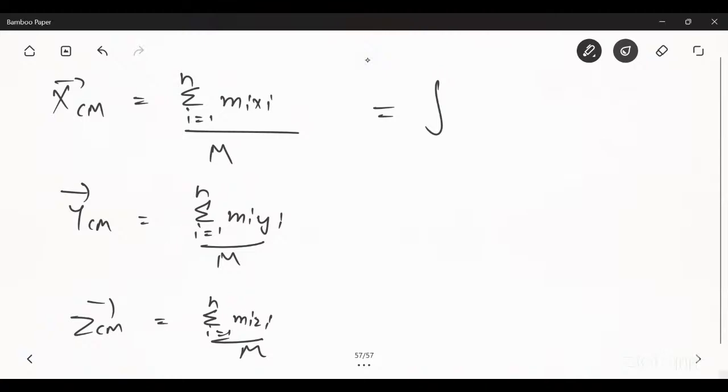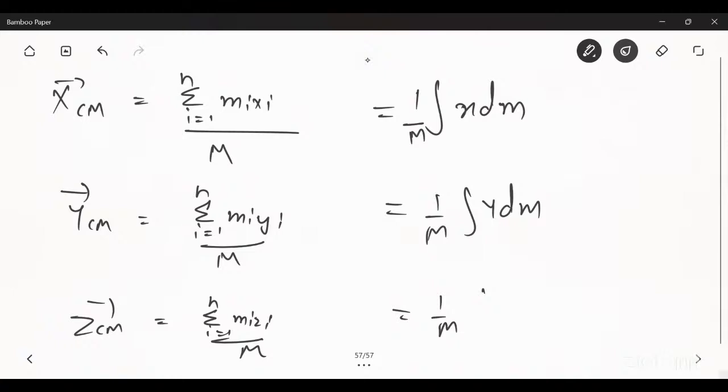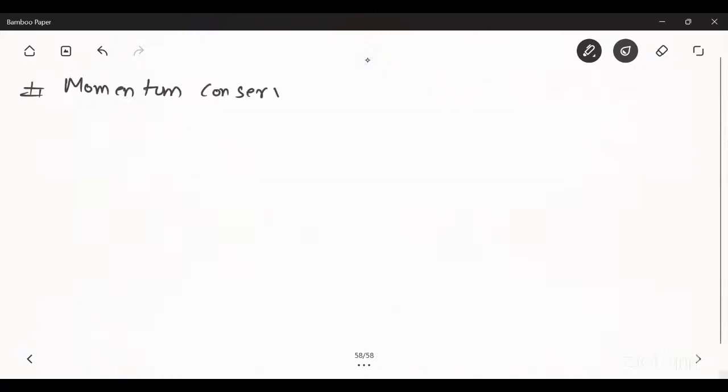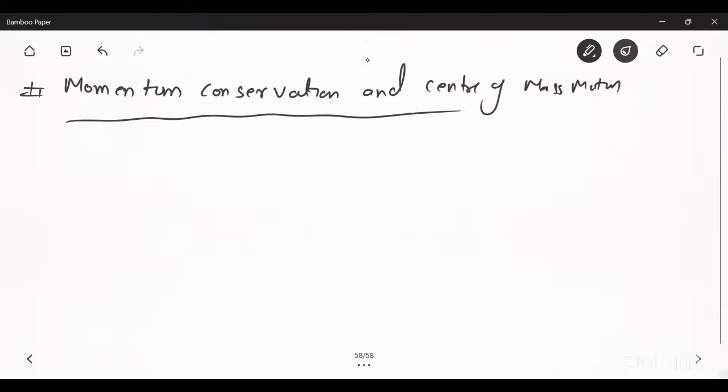Now, momentum conservation and center of mass motion. The next topic is momentum conservation and center of mass motion. Suppose a particle is here, with position coordinates x, y, z.